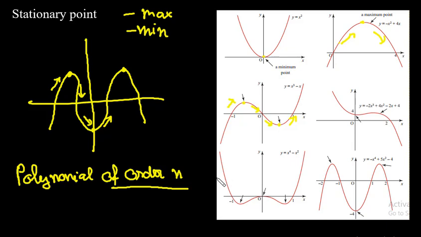So the power of the highest term will be the order of the polynomial. So this graph, y equal to x to the power 4 minus x to the power 2, is a polynomial of order 4. And for this case, the power is 3, so this one is a polynomial of order 3. Hence, it has up to n minus 1 turning or stationary points.